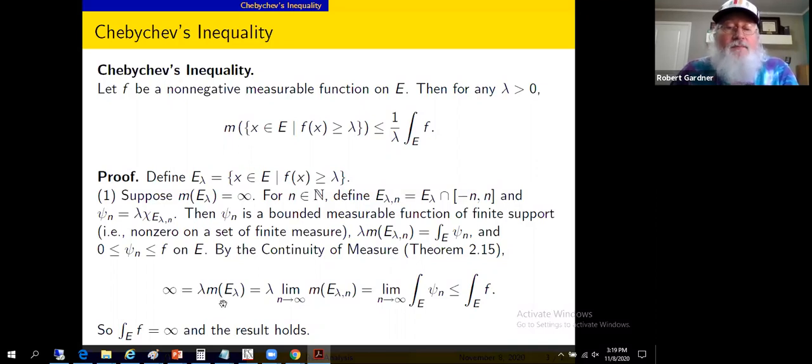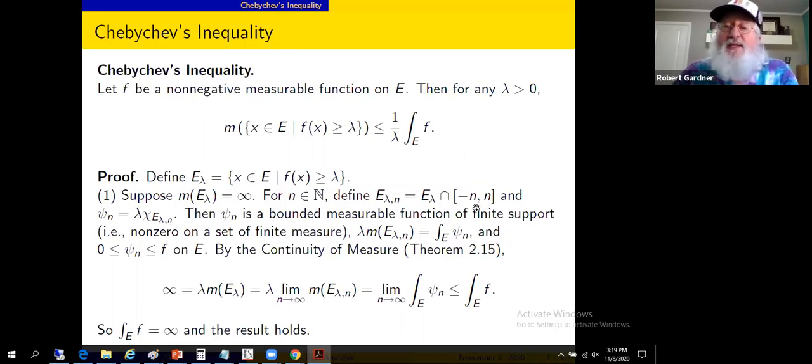All right. If we take a limit as n approaches infinity, what we did to create these E sub lambda comma n's is we took the E sub lambda set up there and we cut the ends off at negative n and n. Well, when n gets bigger, the intersection we're doing here intersects with larger and larger intervals.